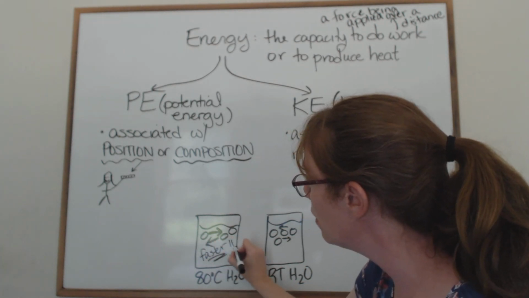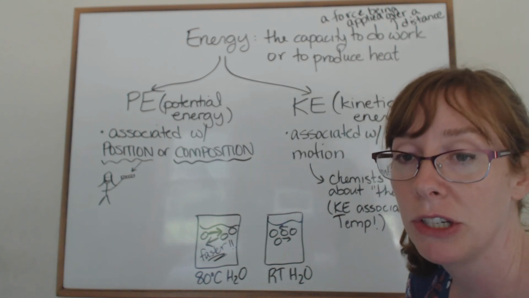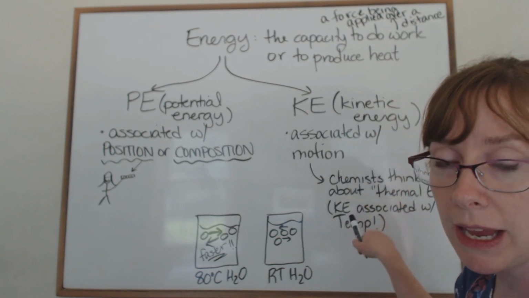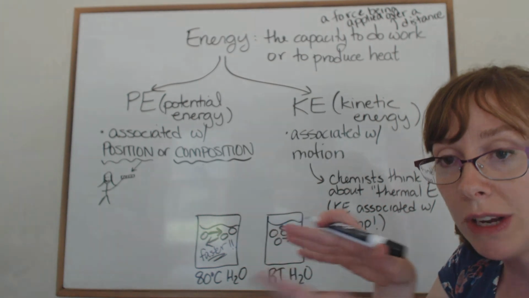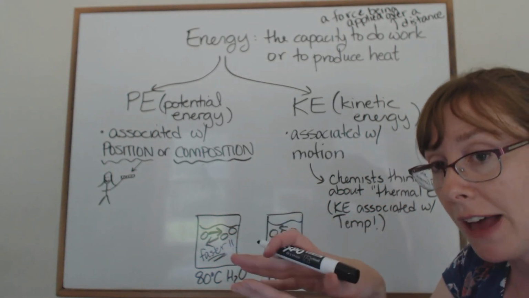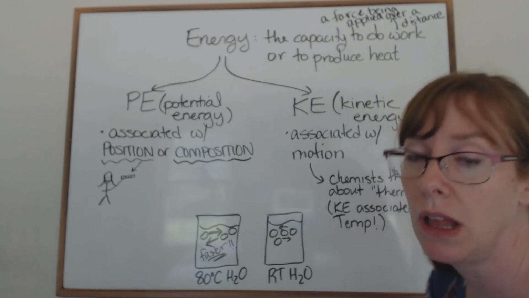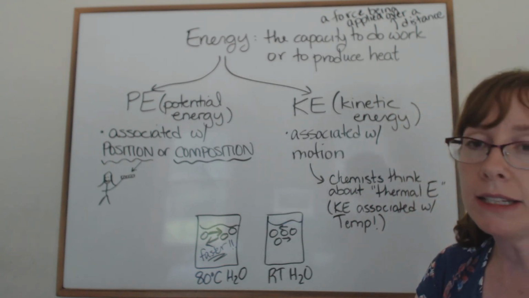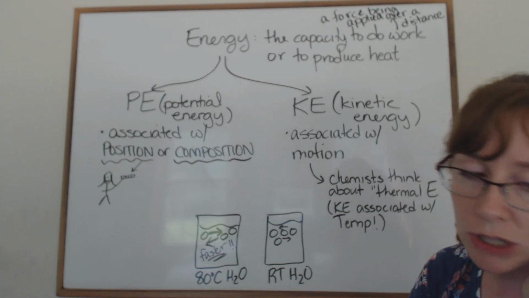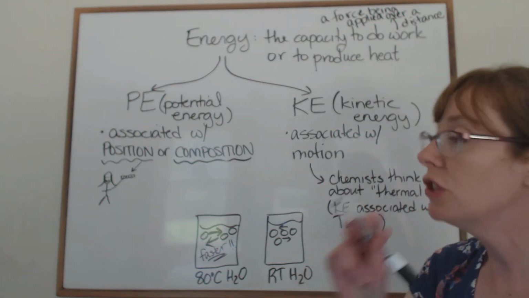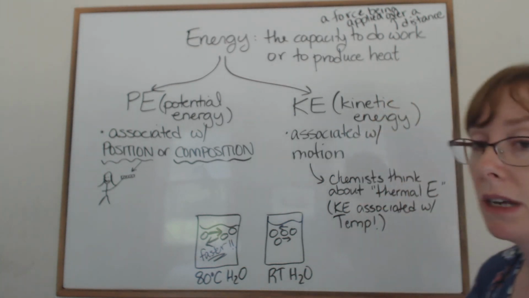So there's more movement at higher temperatures, okay? And that's exactly what we're getting at here. The thermal energy increases at higher temperatures, which means they move faster. And as you cool something, they move slower, okay? So that's the type of kinetic energy that a chemist will usually be thinking about as thermal energy. Two more things to say about energy, and then we'll be done with this video.